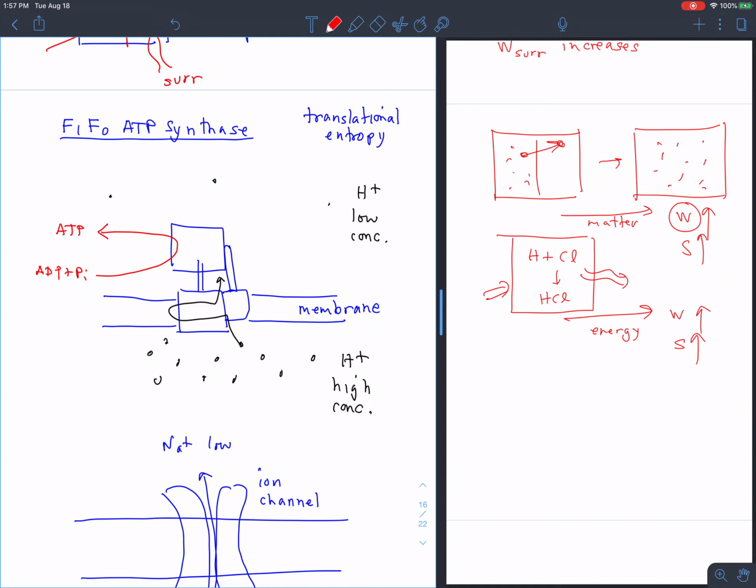Here's a much more realistic example from biology. We saw this as a video in the very first class period, where you have a high concentration of hydrogen ions over here, and a low concentration of ions over here. The ions can travel from one side to the other, but they have to do it in this constrained way, right?